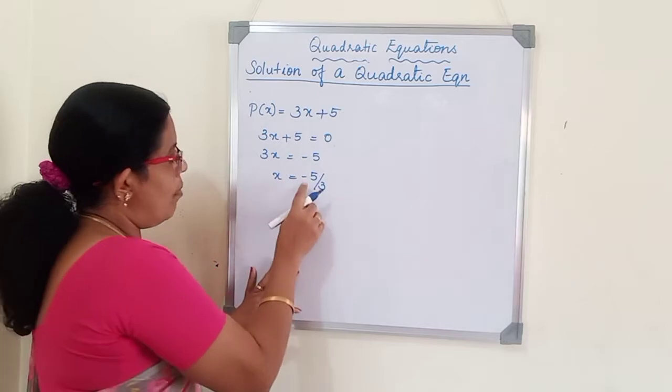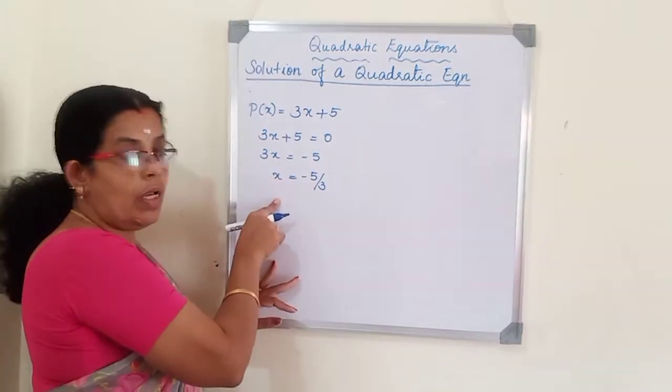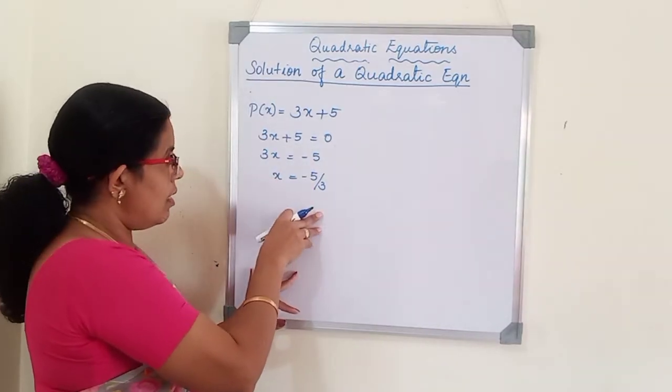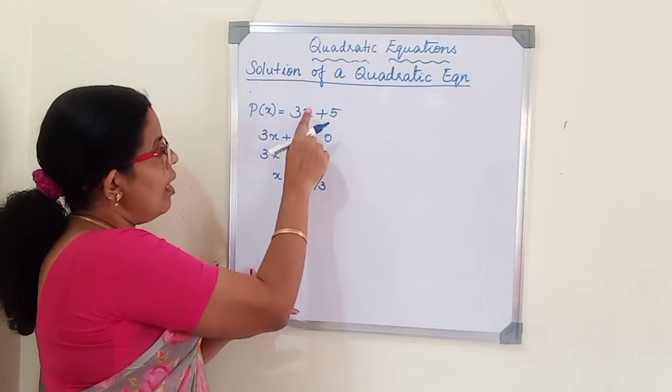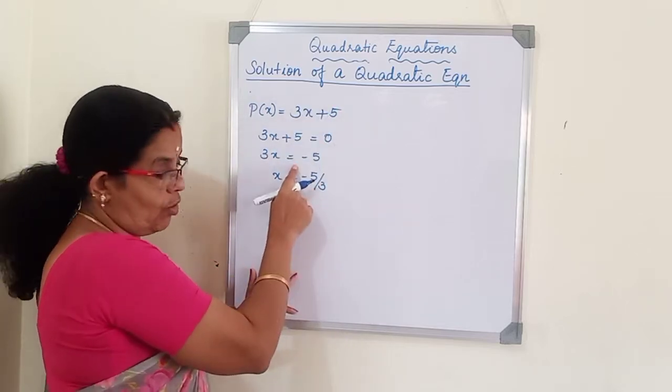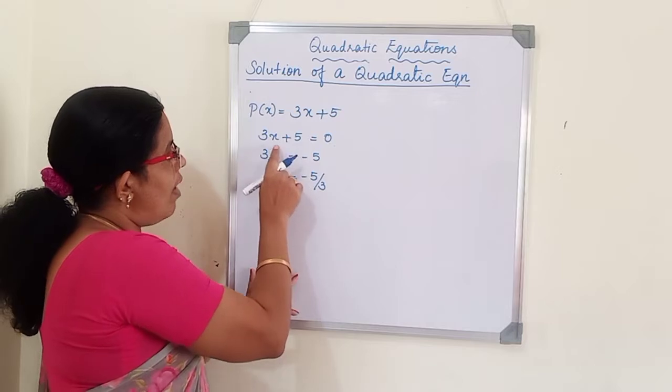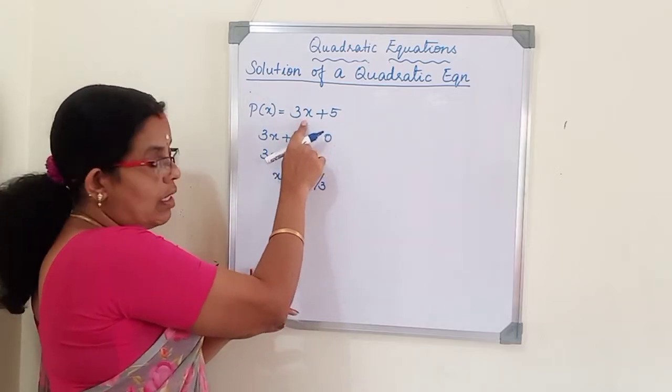So we say minus 5 by 3 is the zero of the polynomial. For a linear polynomial, there is a maximum of 1 zero. Zero means the value of x which satisfies the equation.